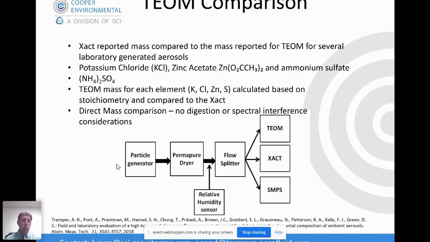There's no possibility of any interference. There's no digestion required for this approach either. And it also allowed us, as you'll see in the next slide, to make comparisons at much higher concentrations than you might be able to make in the ambient environment.